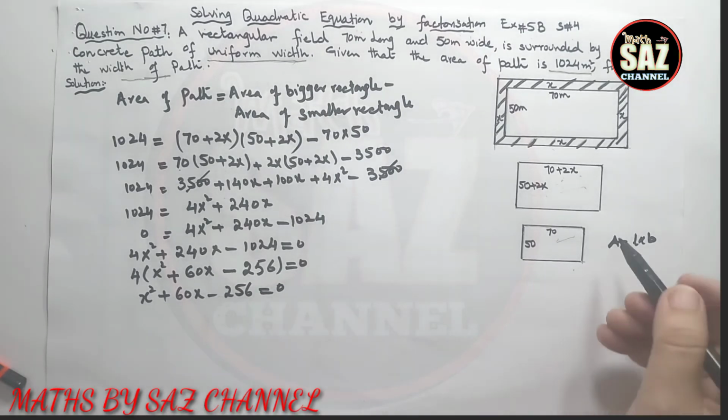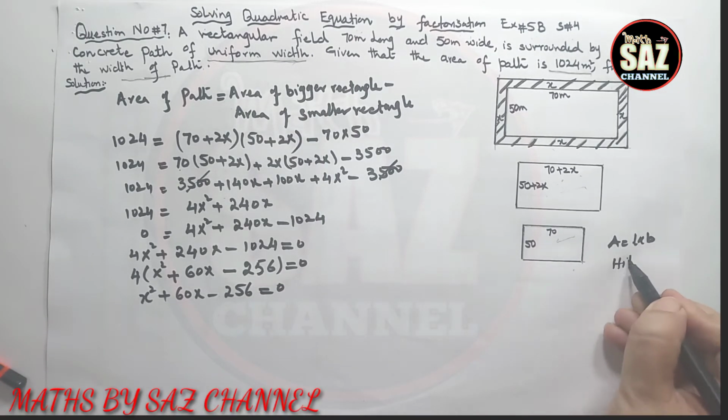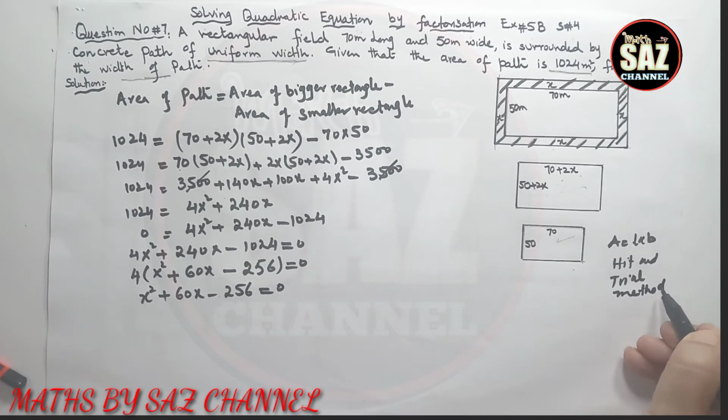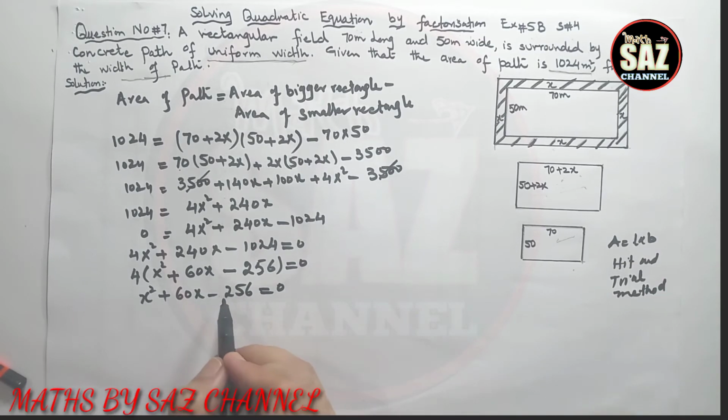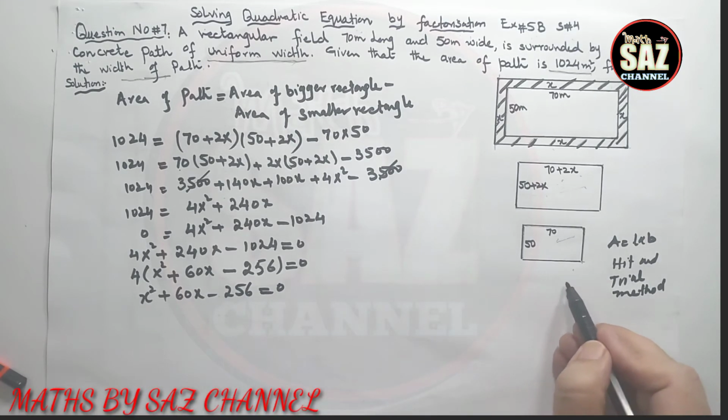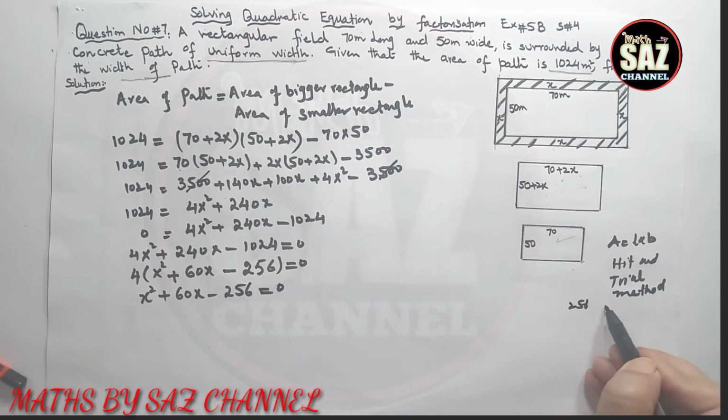Now I have to apply the hit and trial method. We have learned a lot about the hit and trial method in previous chapters. I have to multiply 256 with the coefficient of the square term, and that will give me 256 with a negative sign.